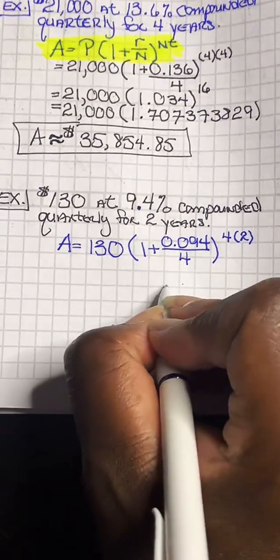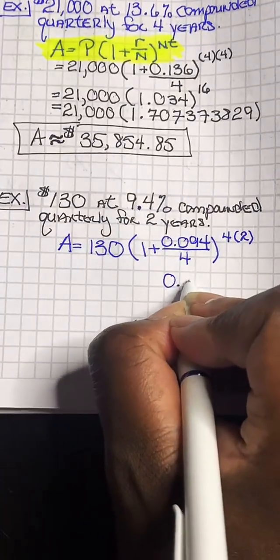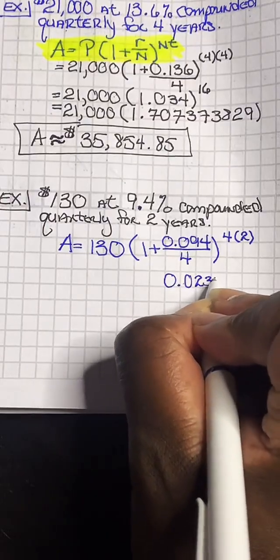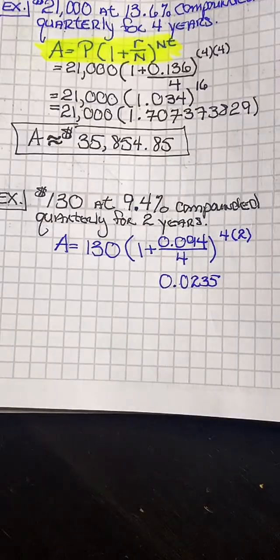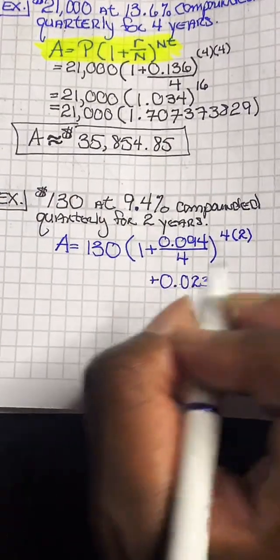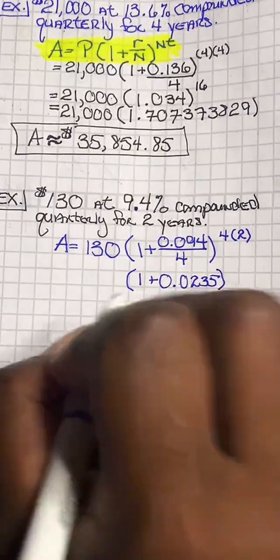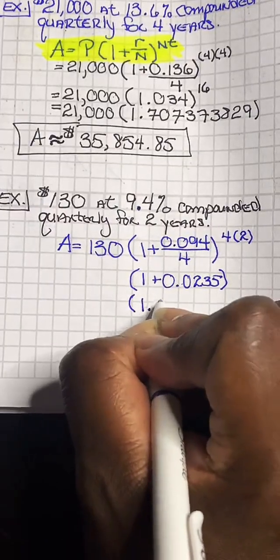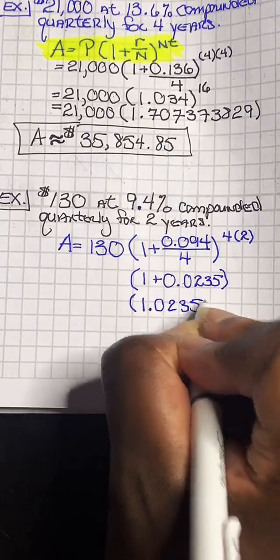That gives us 0.02235. And then we're going to add 1 to that. So then that gave us 1.0235.